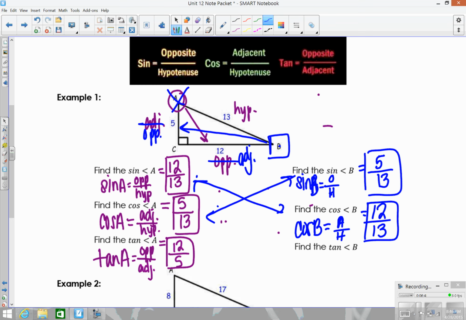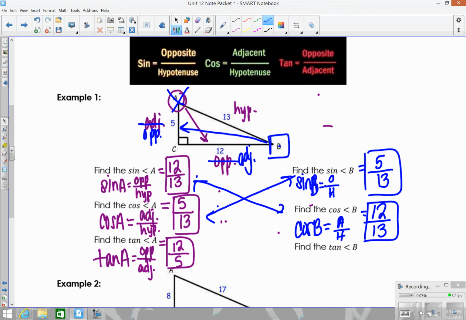So the reason for that is because sine of A is equal to cosine of B as long as A and B are complementary, meaning they add to 90. Cosine of A is equal to sine of B as long as A and B add to 90 as well. That's just a property. That's why it's sine and cosine, because they're complements of each other.